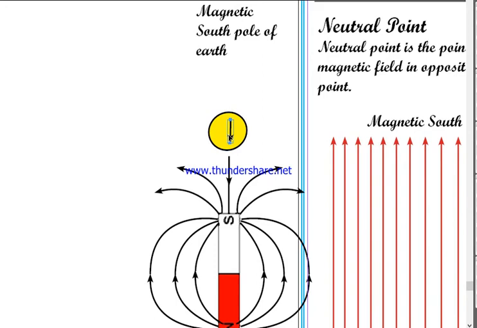So at that particular point the compass needle cannot show any direction, it cannot point to any direction, and that point is known as the neutral point.